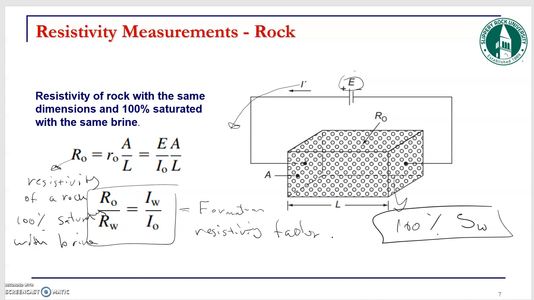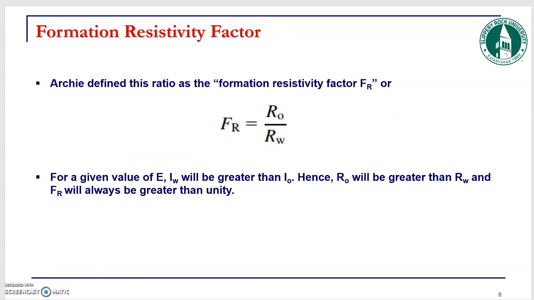It gives you a number which is called the formation resistivity factor, and we show it with FR. Okay, so you can see the definition of FR here in this slide. This is FR, Ro over Rw, a very important parameter, and you can see that it depends on the resistivity of the rock 100% saturated with brine, and the resistivity of the brine itself.